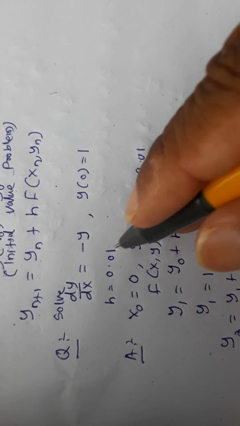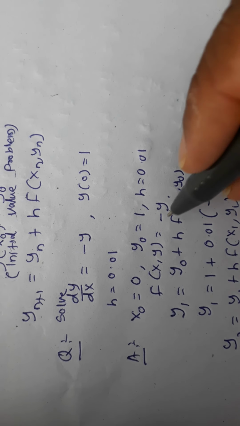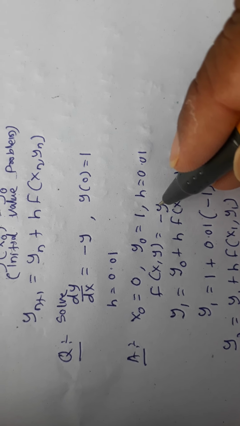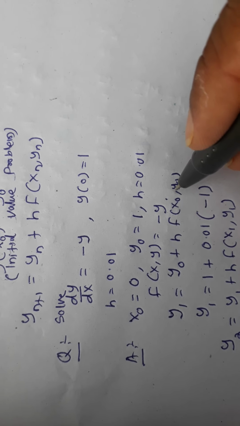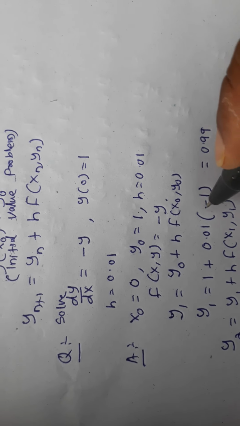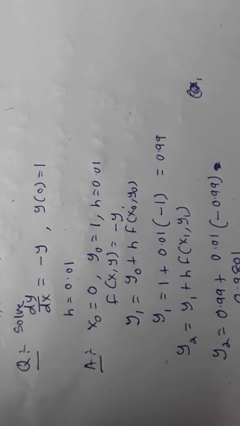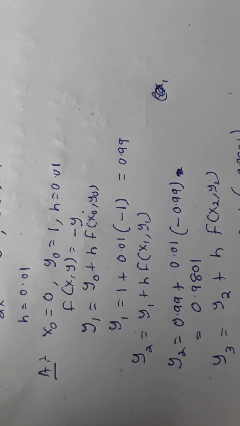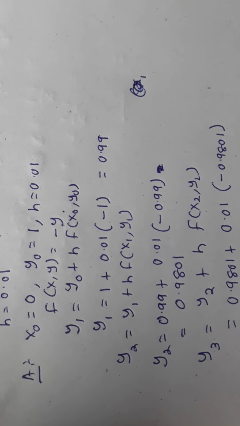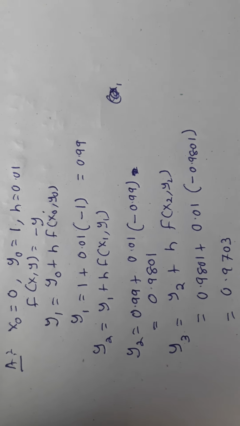H is already given, h equal to 0.01. f of xy equal to minus y. So here f of x0 y0 equal to minus of y0, so minus of y0 equal to minus 1. So y1 equal to 0.99. Here y1 is found. So now we will solve y2, then y3 and so on.